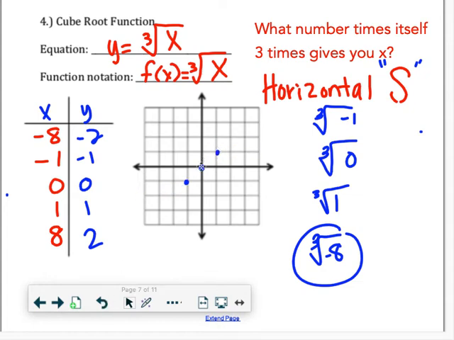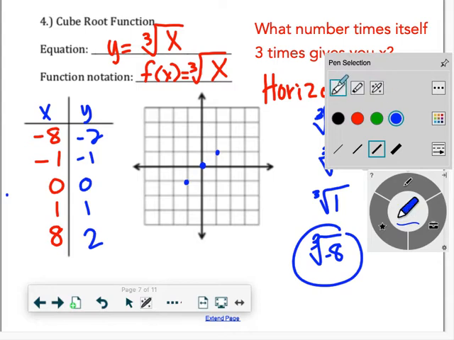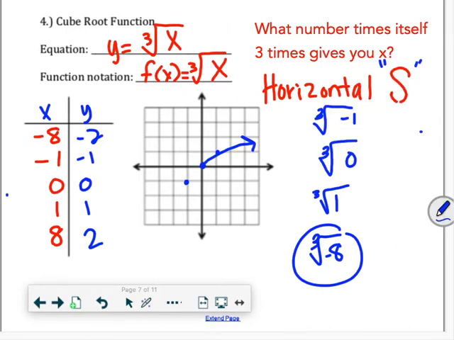Try that one more time. Oh, yeah. So on the quadratic, you have like your half U this way and then your half U going back this way.